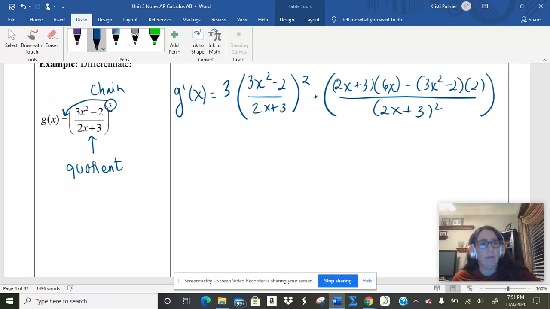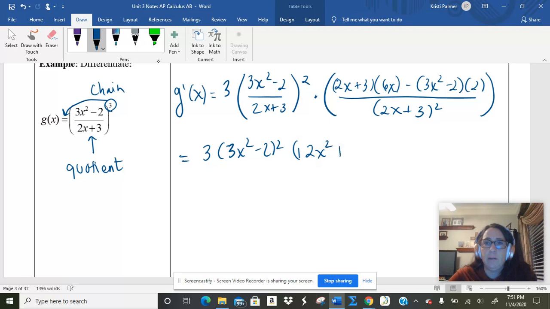So let's get that simplified. So this part would be 12x squared plus 18x minus 6x squared plus 4. This part would be 2x plus 3 squared from distributing that square.